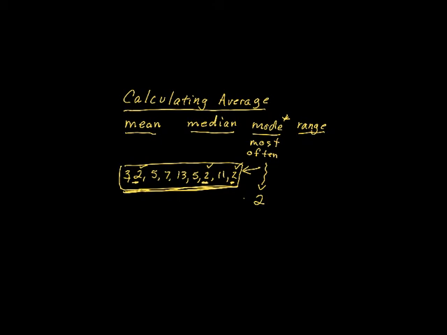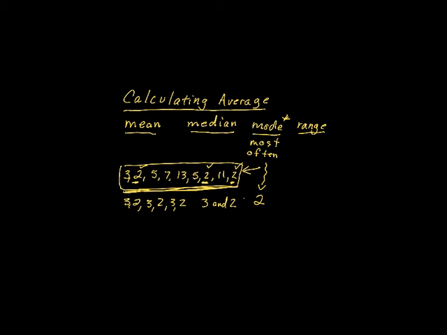Now, it is possible to have more than one number being the mode. For example, if I had 3, 2, 3, 2, 3, 2, something like that, then I would have to say that the mode is 3 and 2.